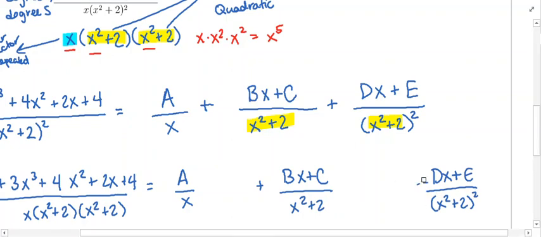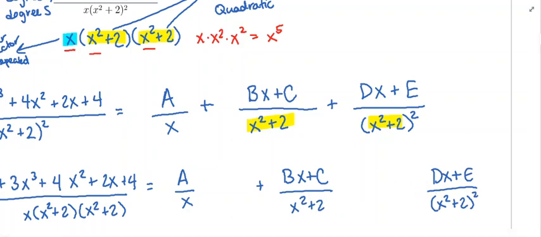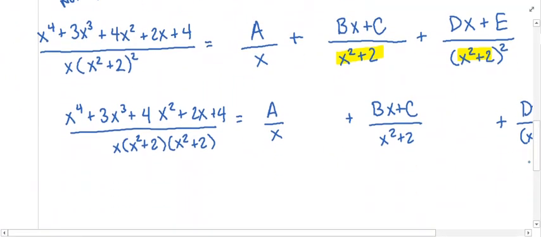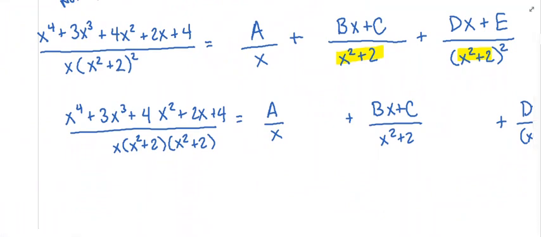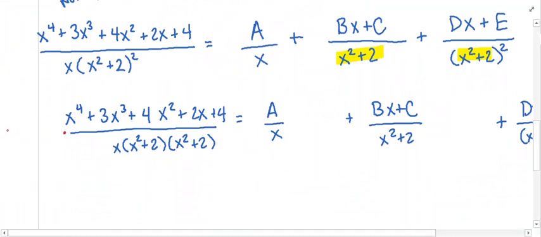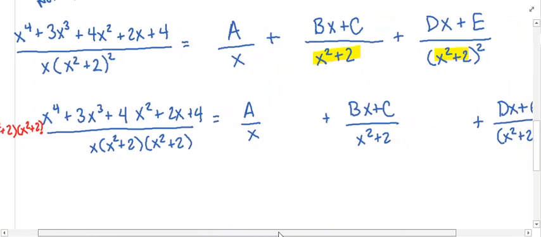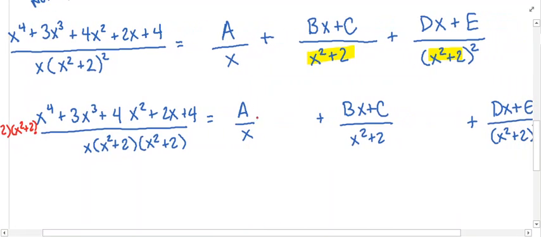We're going to try to get rid of the fractions. If we go to the fraction on the left side of the equation, this has the entire denominator. So we're going to multiply this fraction by the entire denominator, x times x squared plus 2 times x squared plus 2. Then that red quantity will cancel with the denominator here because they're the same. If I multiply the left side by this red quantity, I have to do it to all the other parts.